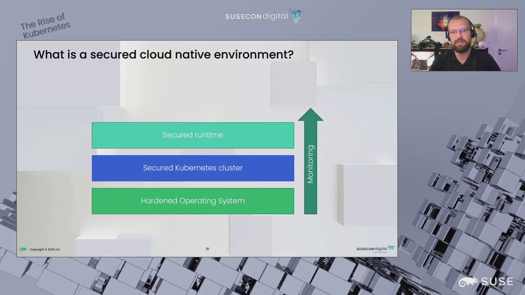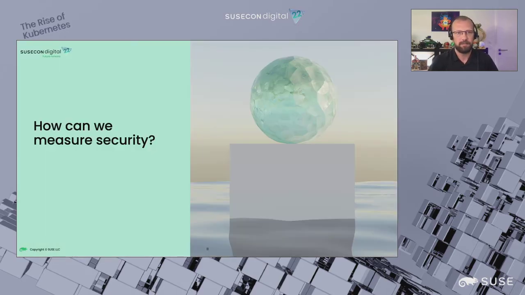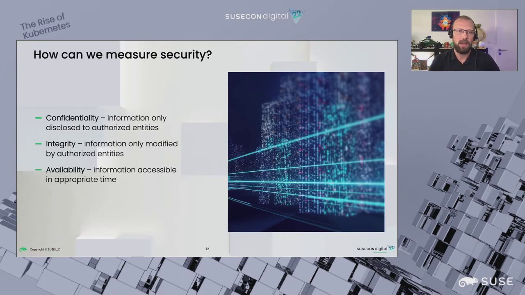To ensure this security, we're going to also cover the monitoring. How do we prove that the stack is fully secured and hardened? But first of all, how can we measure security? What is it about? Security is about confidentiality, integrity, and availability.